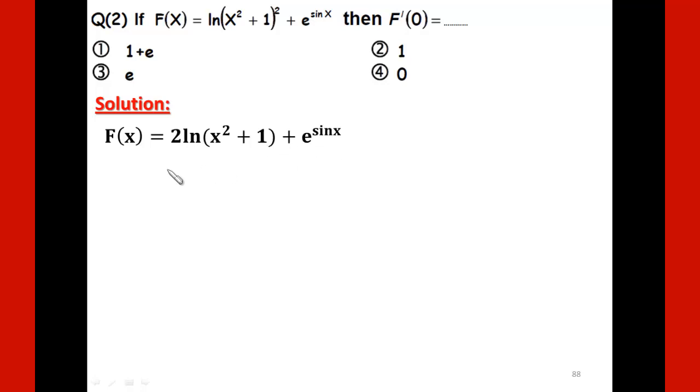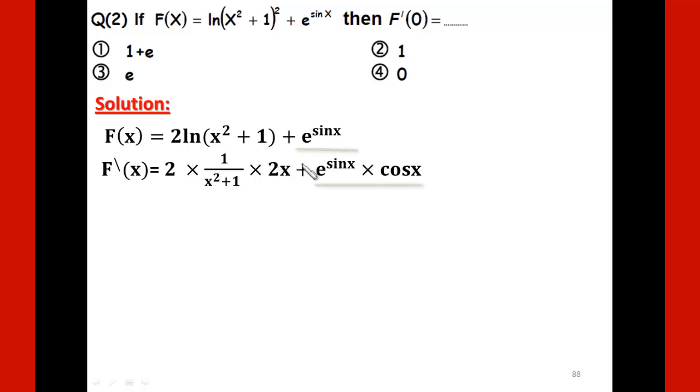And now we make the first derivative. So f dash of x equals 2. What is the derivative of ln x squared plus 1? It is 1 over x squared plus 1 multiply the derivative of x squared plus 1. The derivative of x squared is 2x. Derivative of 1 is 0, we will not write it. What is the derivative of e power sine x?